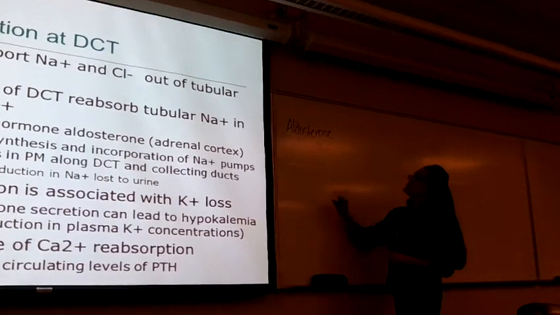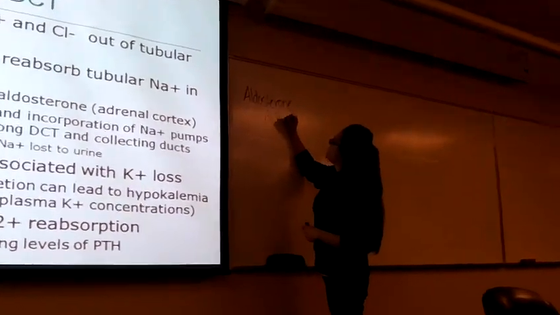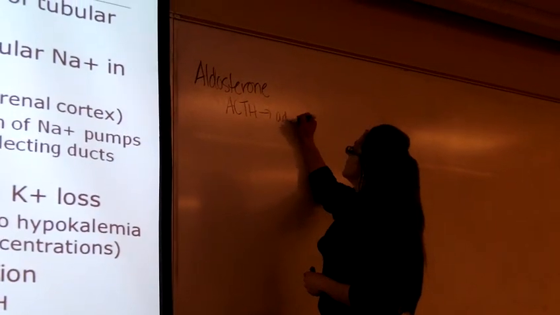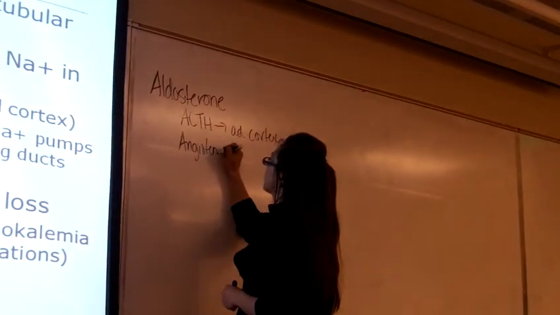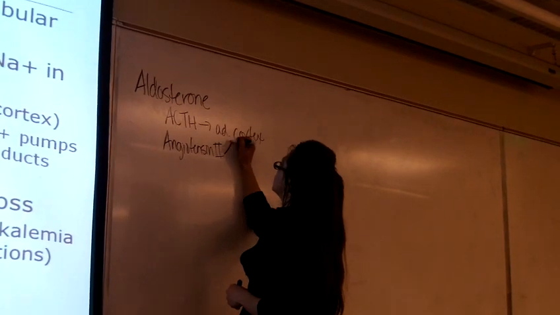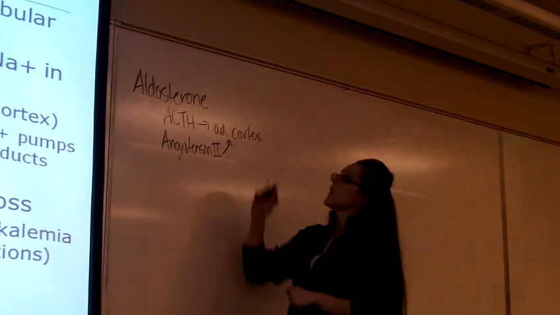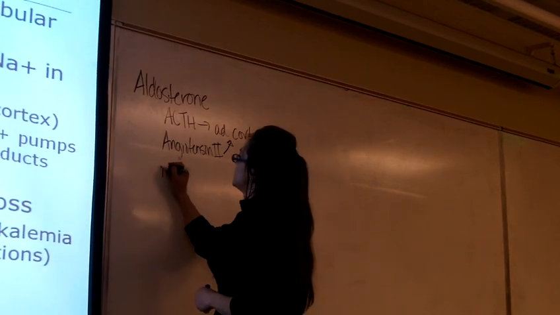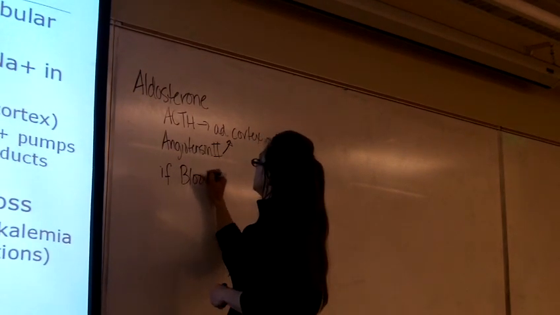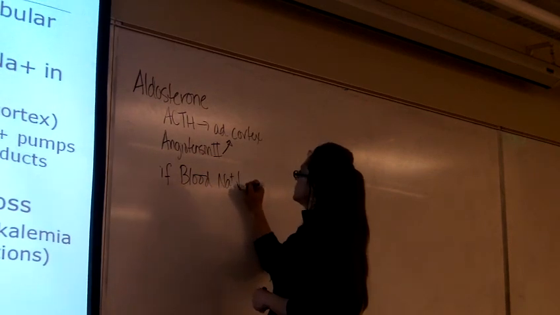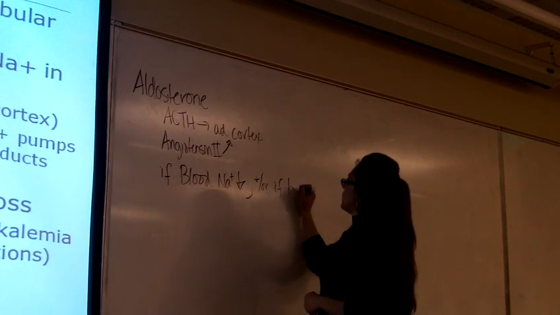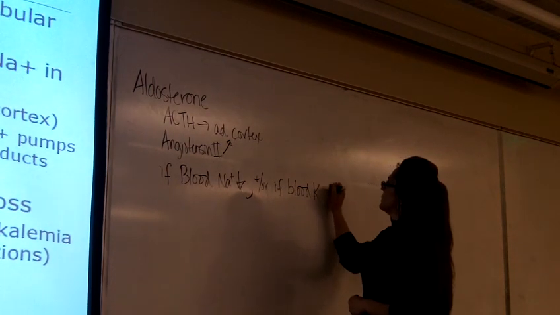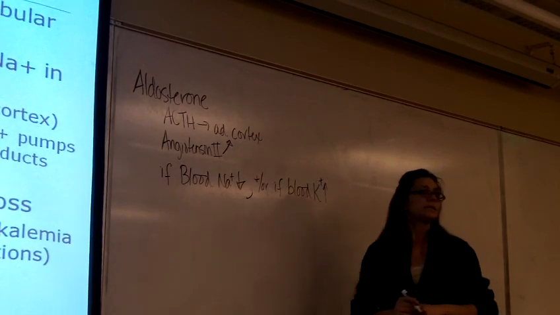Aldosterone is going to be released if ACTH triggers the adrenal cortex. It's also going to be released if angiotensin II triggers the adrenal cortex. And aldosterone is going to be released if blood sodium levels start to drop, and or if blood potassium levels start to become too high.